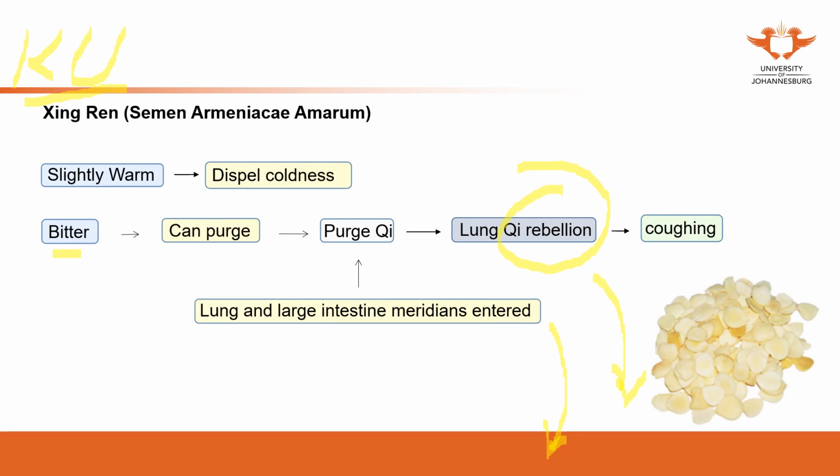However, in this situation, the patient presents as lung qi rebellion. The qi goes outwards. The patient suffers from cough. So we can use something bitter to recover the lung qi, the function of lung qi.